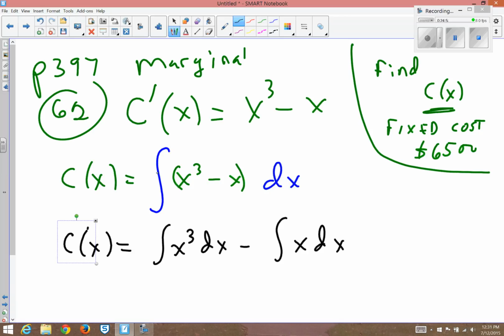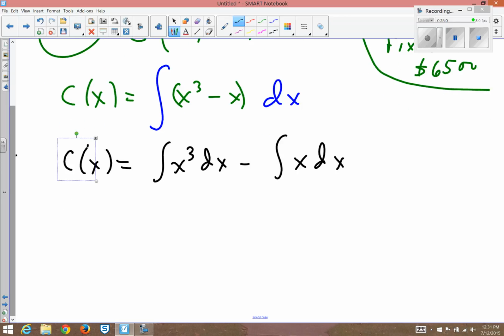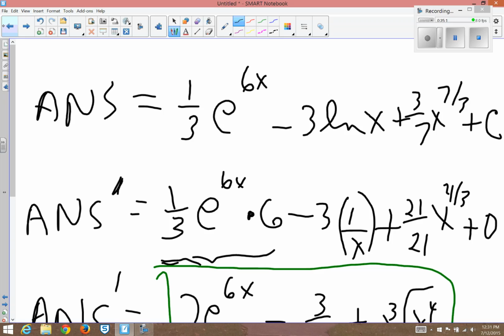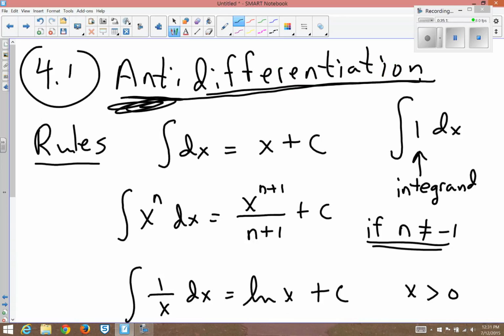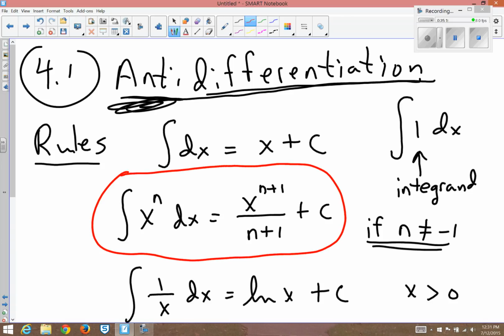Write the antiderivative of the first term with a dx minus the antiderivative of the second term with a dx. And both of these terms use, I'll go back and show you which formula, this formula. The integral of x to a number dx is x to the number plus 1 over the number plus 1, as long as that number is not negative 1.